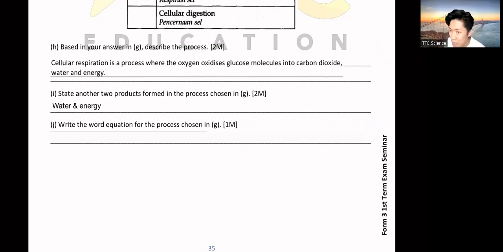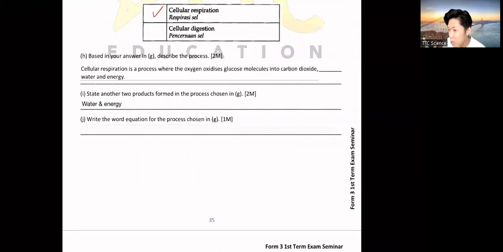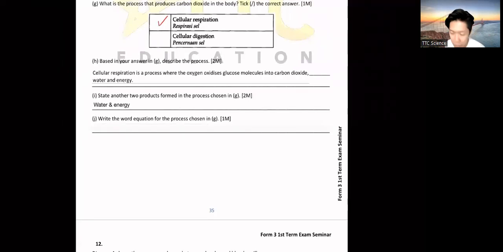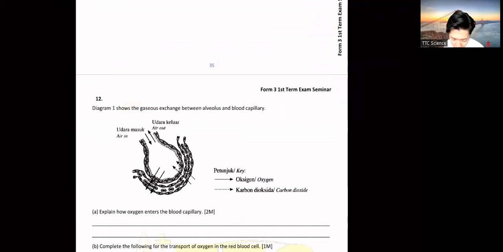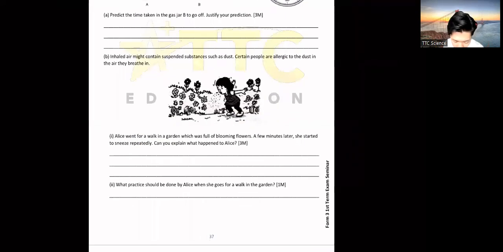We explain the syllabus first. So long story short, oxygen breaks down glucose. The carbon atoms in glucose are being broken down. Then they combine with other molecules to form carbon dioxide and water. So that's the product. Yeah, you learn it in chemistry next time, Form 4, Form 5. The details, okay?